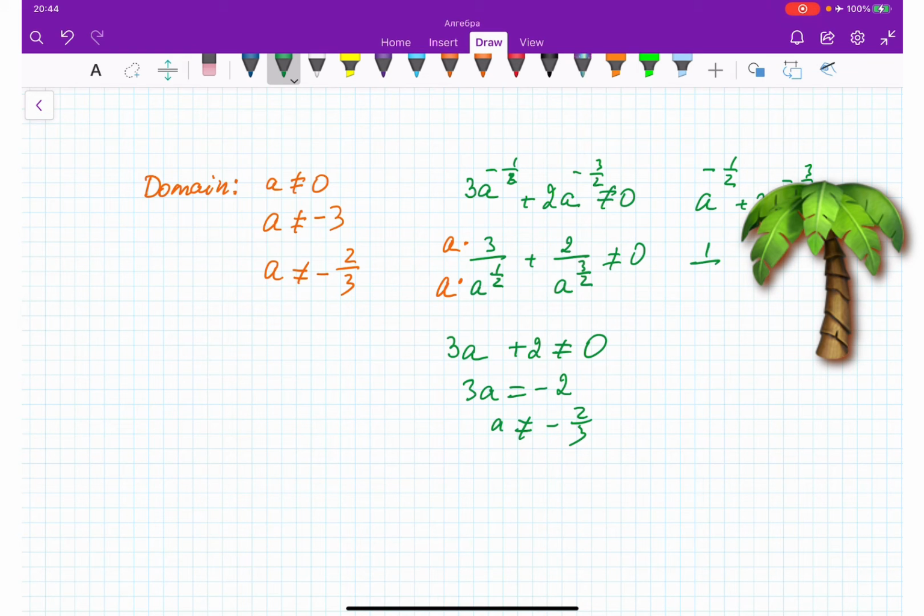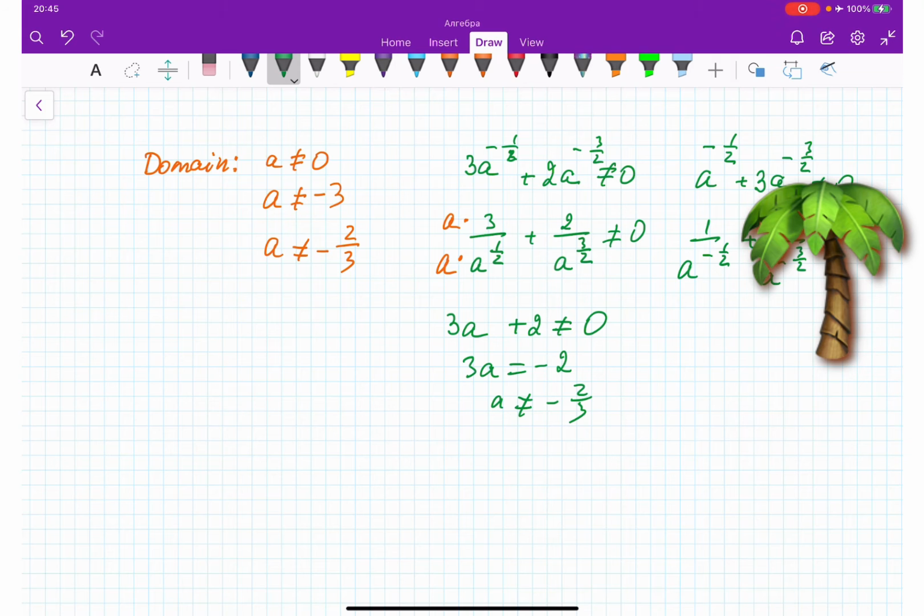It's like 1 over a to the power negative 1/2 plus 3 over a to the power negative 3/2 cannot be equal 0. Okay, so what do we have? So 1/2 and 3/2, again, it's going to be 3/2. Here we multiply by a, here also we multiply by a.